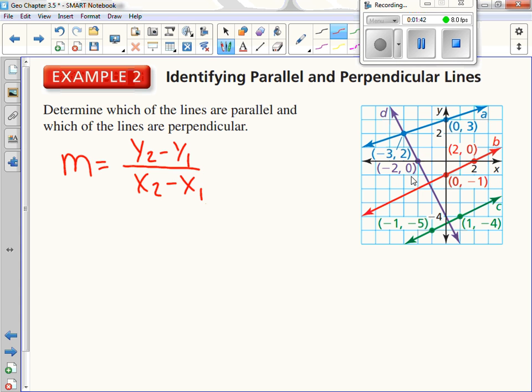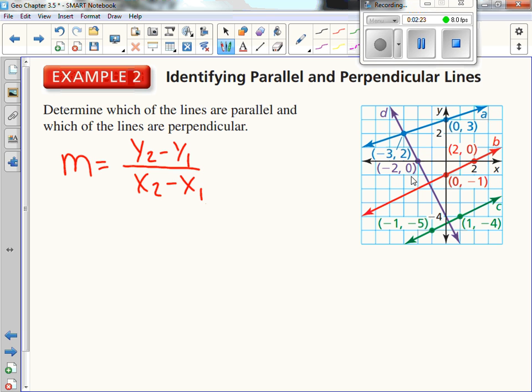The slopes are the opposite reciprocal. Now, what we're going to do first, in these first two problems, because there's only two of them, is determine which lines are parallel and which ones are going to be perpendicular. For me to figure that out, I need to find the slopes, because if I can find the slopes of each line, then I can determine which lines are parallel and which are perpendicular, yes? So we're going to use this formula here.